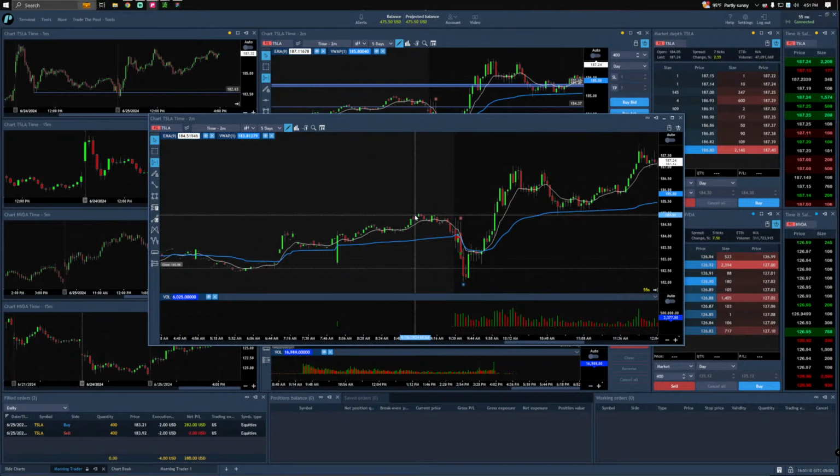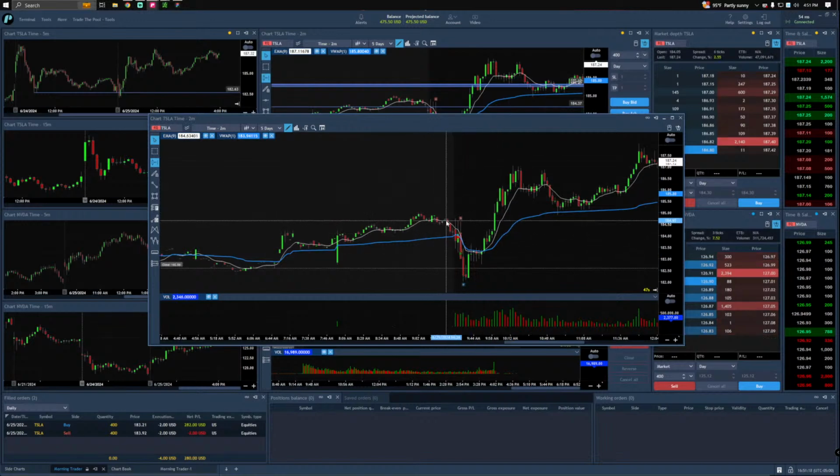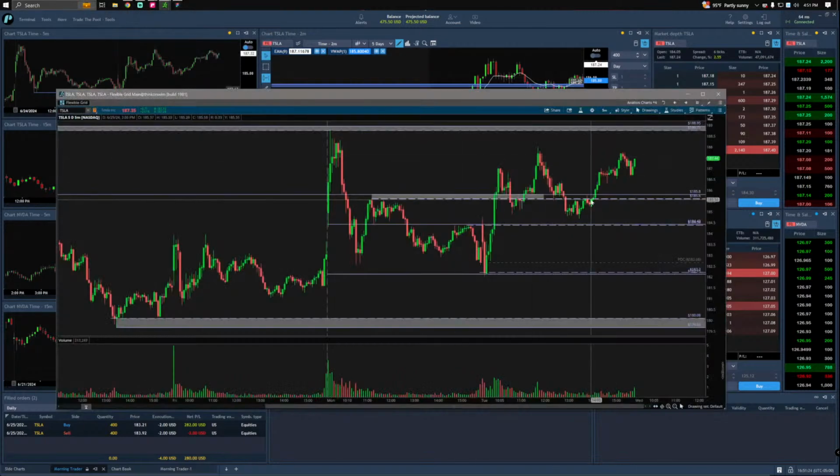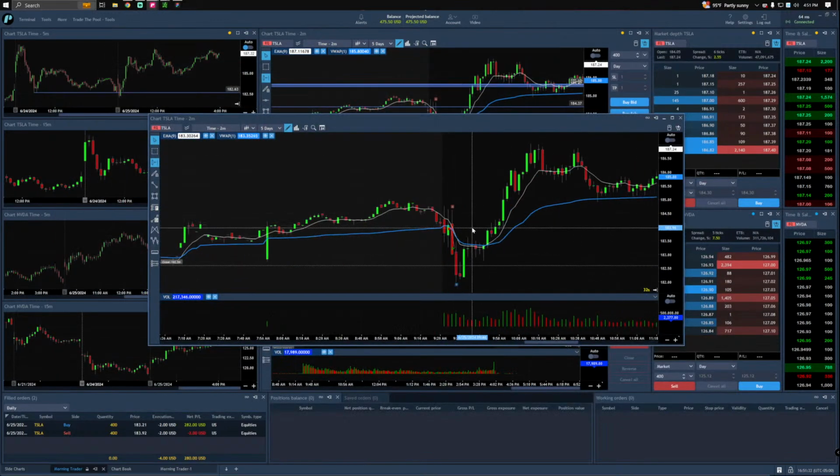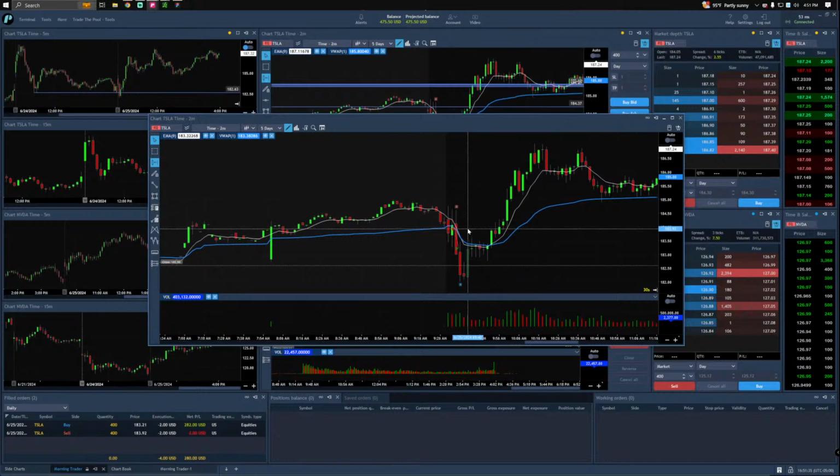As you can see, this is pre-market high. The price came up, showing signs of rejection up here around pre-market high, which was also yesterday's resistance level, around about 184.50. Got short right as I saw some heavy selling on the tape.